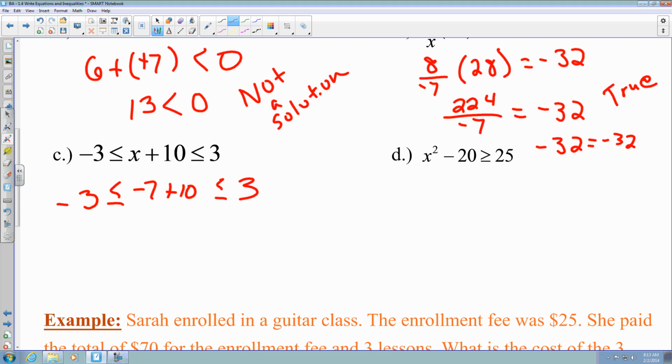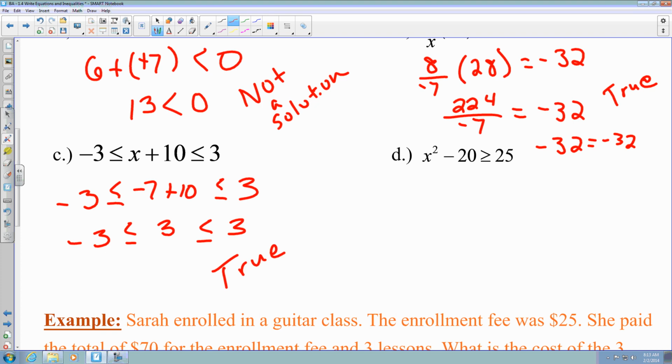I add this together, so I get negative 3 less than or equal to 3, which is less than or equal to 3. Is this true? Yes, it is. The reason why it's true is because of that bar underneath it. If that bar underneath it was not there, this would be a false statement. But since it is equal to, I can say that this is true.